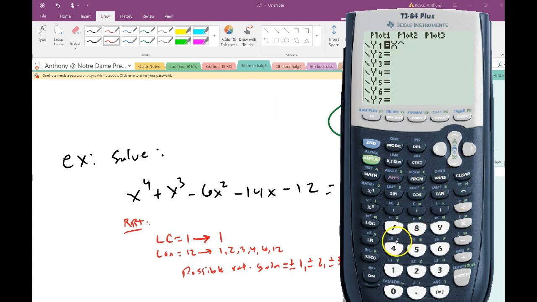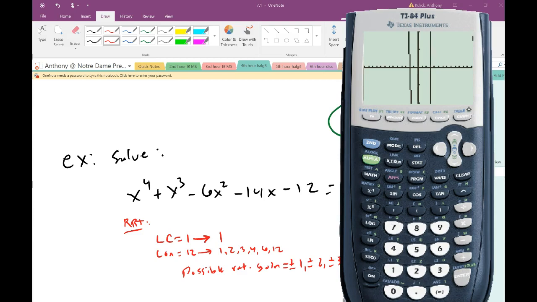So x to the 4th plus x to the 3rd minus 6x squared minus 14x minus 12. And I'll change my window again. So my biggest and smallest x is negative 12 and positive 12, so I'll go negative 13, positive 13, a little more, a little less. And hit graph. So it looks like negative 2, and then positive 3.